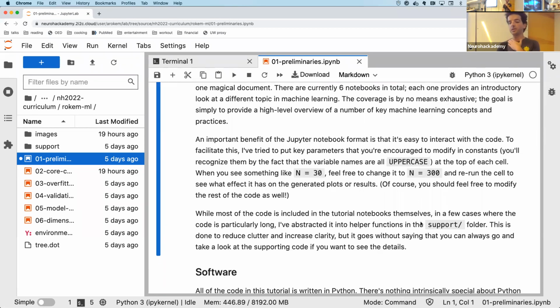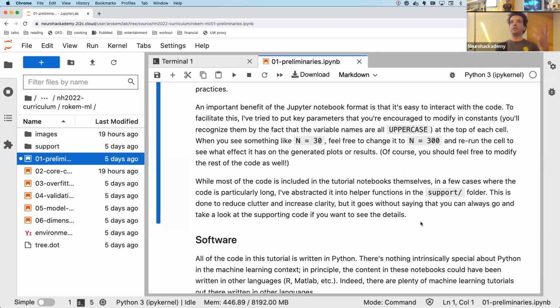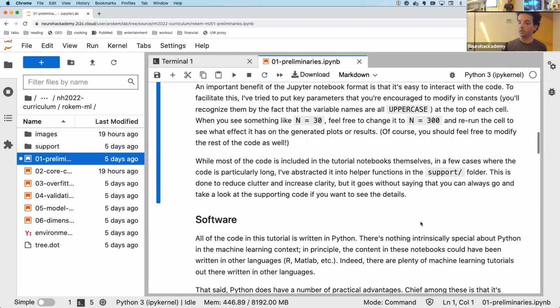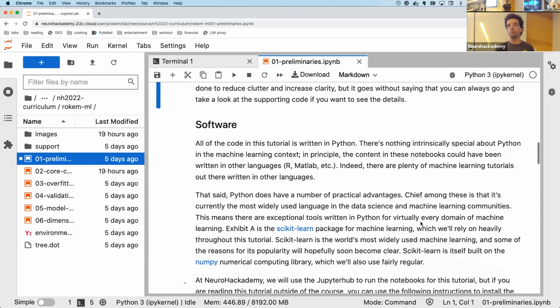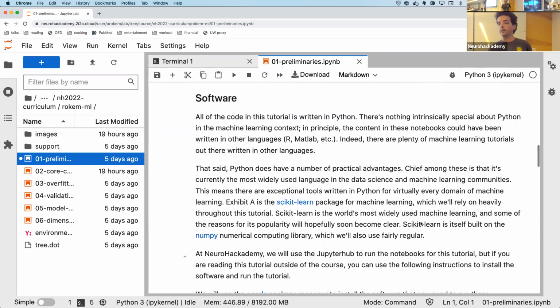This notebook that is the preliminaries emphasizes that there are particular variables that you can change that will change the results of certain computations. And this is a good way to explore what happens when you change certain parameters in here. So definitely do that while we're talking and after the fact as you're trying to explore this.